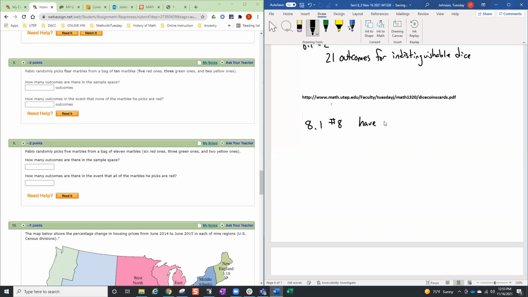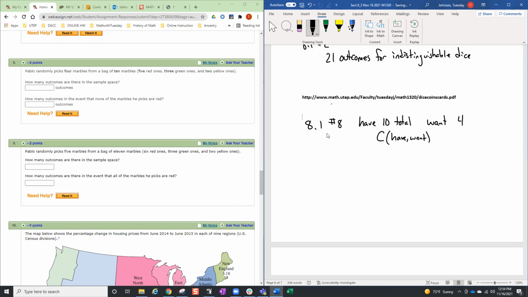So we have 10 total, and we want 4. Okay, we have 10 marbles, and we always have to account for all 10 of them. And when we grab a handful, we want 4. And our combinations, if we're just randomly grabbing and order doesn't matter, it's always combinations of have, comma, want.